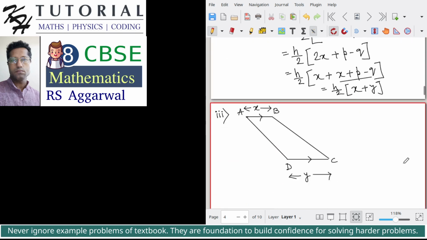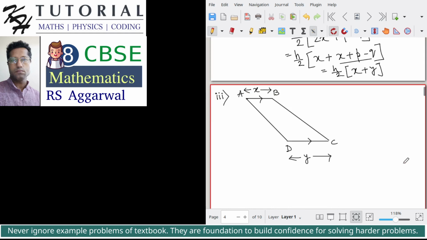Now, I will leave the proof for this trapezium as an exercise. Let's draw an altitude of this trapezium.